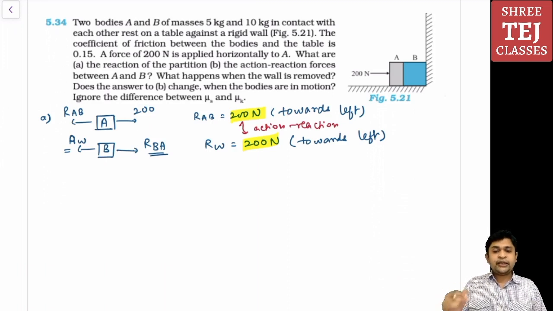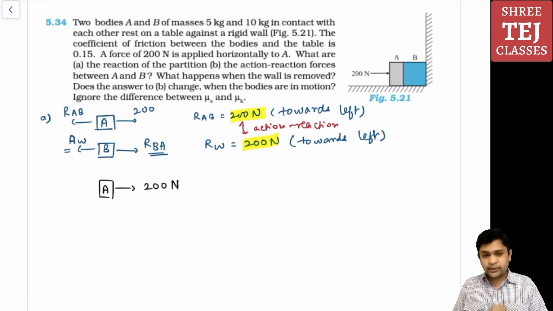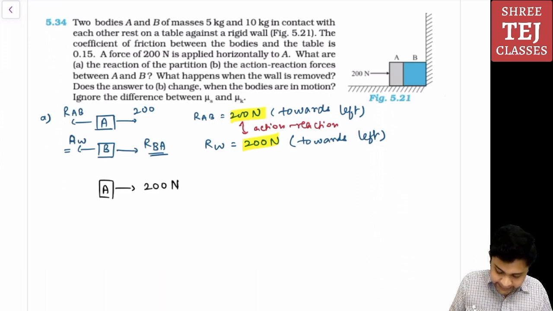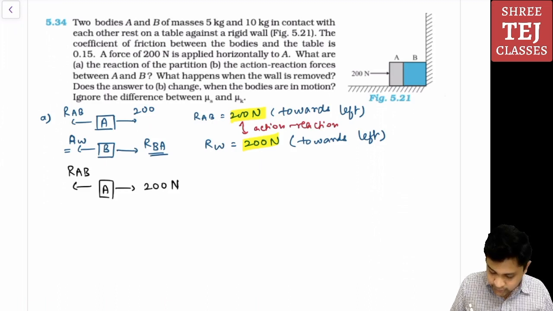Now what will happen when the wall is removed? Now when the wall is removed, this is object A, it has a force 200 Newton towards right, it has reaction on A due to B, RAB towards left, and also it will have a frictional force.